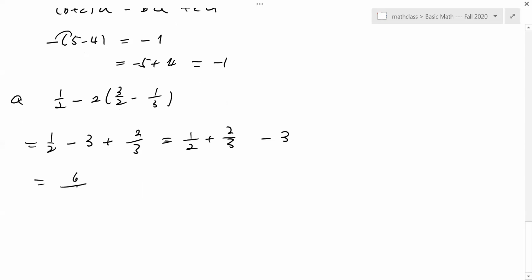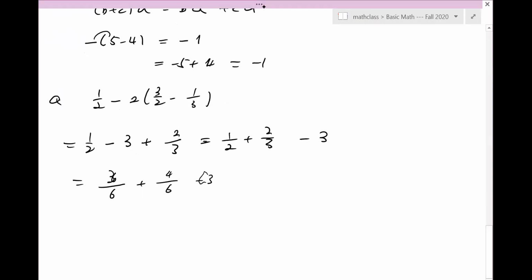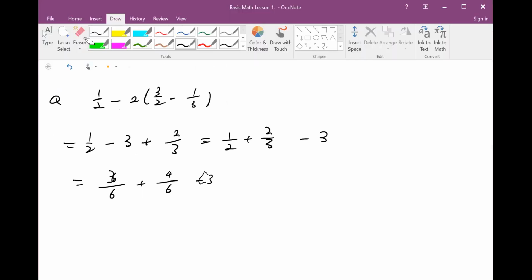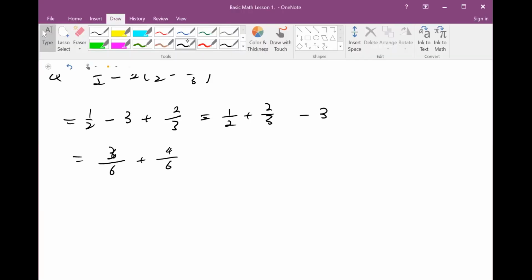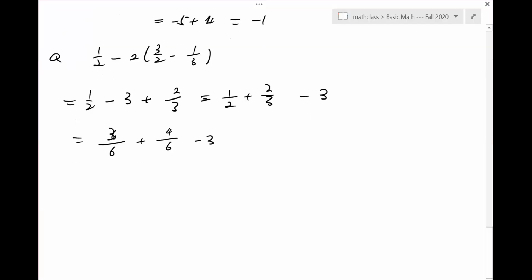So it'll be 3 over 6 plus 4 over 6. Yeah, let's put 3 here, right? So then you combine, you will get 7, 3 plus 4, 7 over 6, plus minus 3.